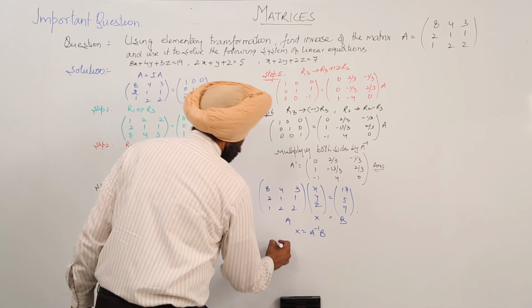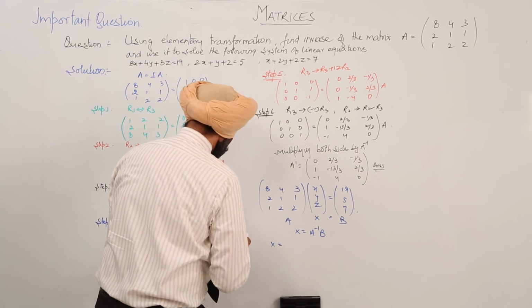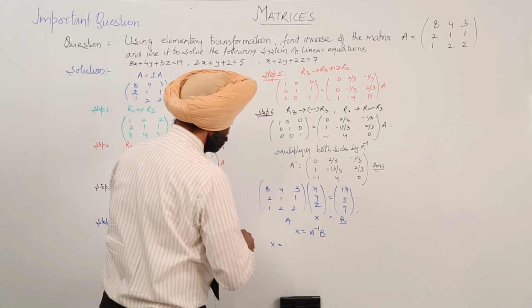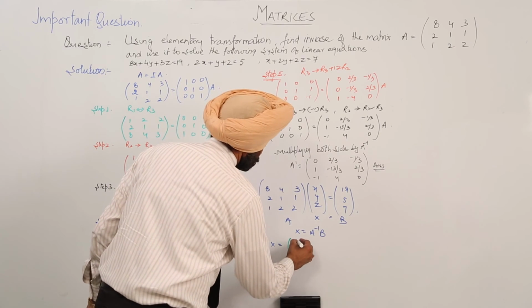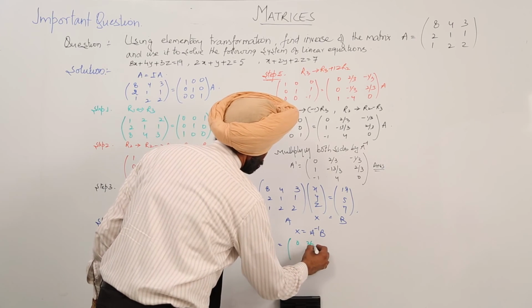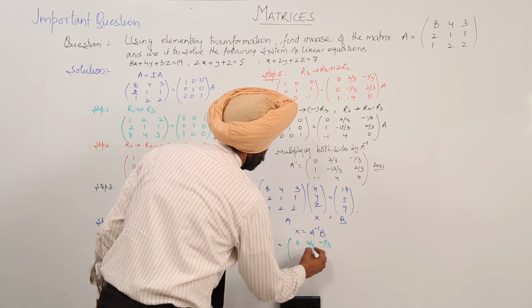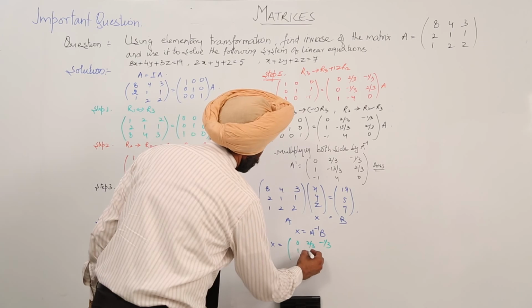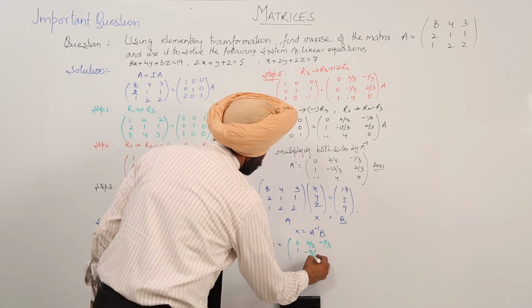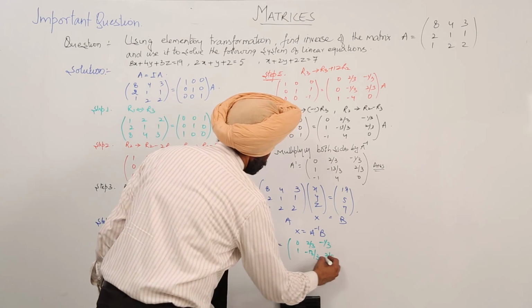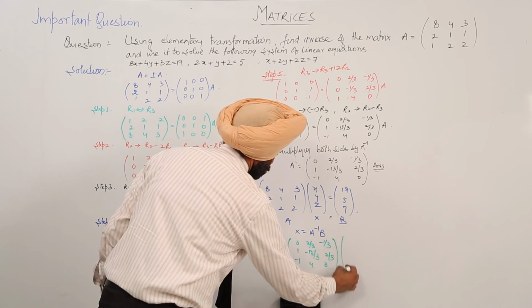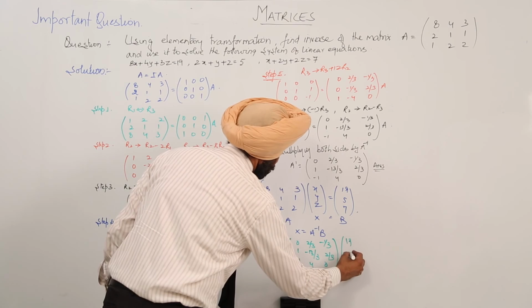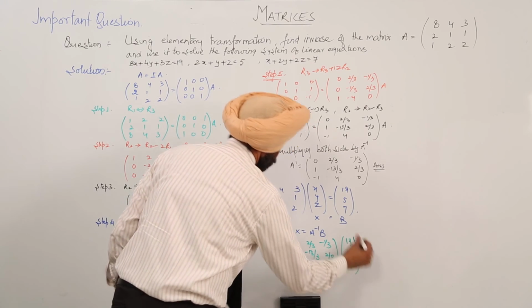Okay. So x is equal to now 0, 2 by 3, minus 1 by 3, 1, minus 13 by 3, 2 by 3, minus 1, 4 and 0 with 19, 5 and 7.